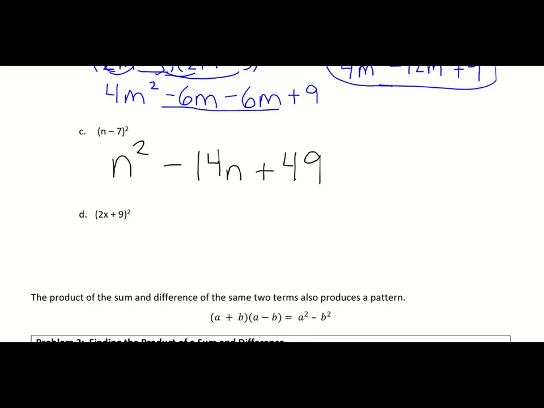Go ahead and also try letter D. If you did D correctly, you should have gotten 4x squared plus 36x plus 81.